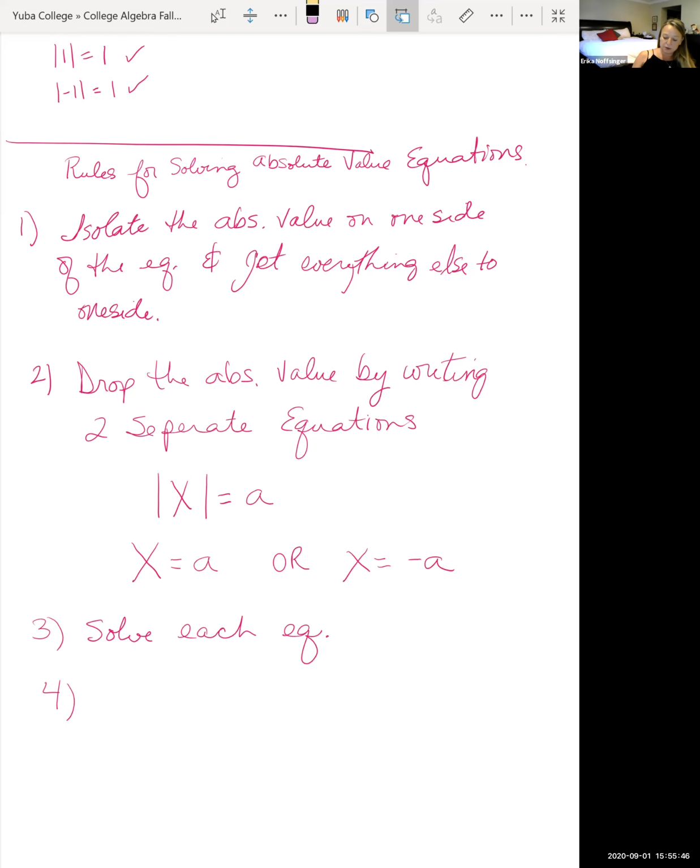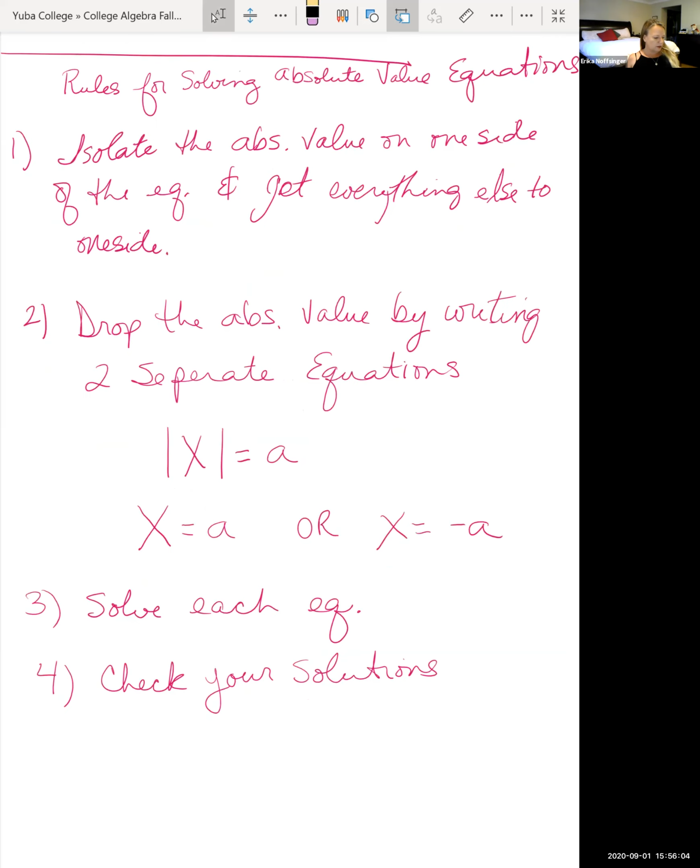It's possible we get extraneous solutions, so we need to check our solutions. So let's pull an example.